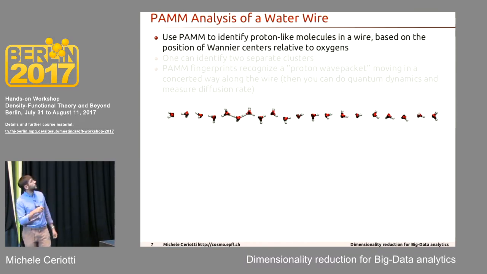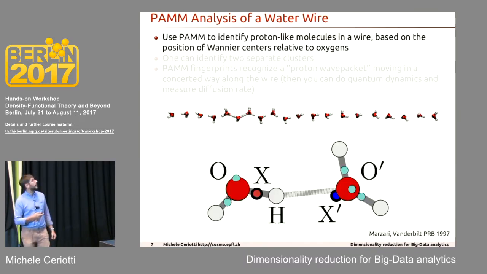So you can try to identify where the proton is, and you can do that by using the electronic structure as well. So what you can do is you run your ab initio molecular dynamics simulation, and then you compute Wannier centers. Those of you who don't know what a Wannier center is, it is basically a modern version of a Lewis pair. So that's a simplified way of localizing electrons and associating a point to each pair of electrons.